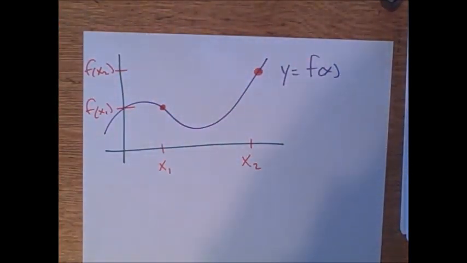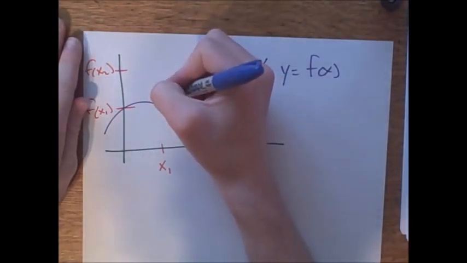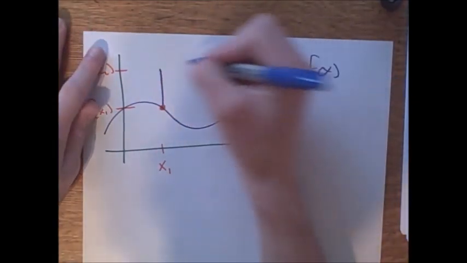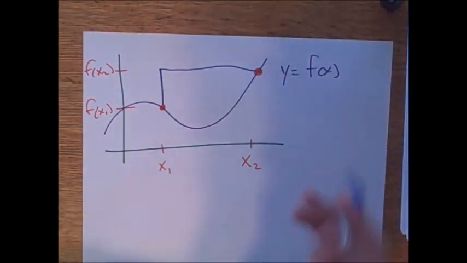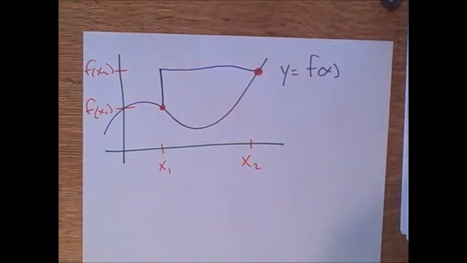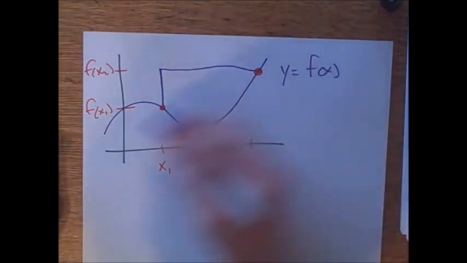So how do you figure out the slope between these 2 points? Well, we could just do what we did for the other slope and just go up and over. Let's try that. Let's go up and over. And this does work. You're going to get some kind of rate of change between these 2 points.